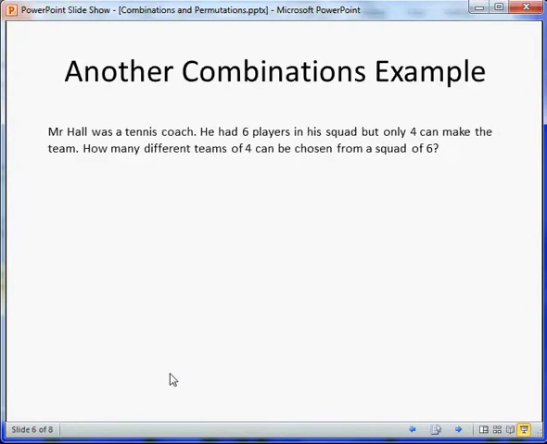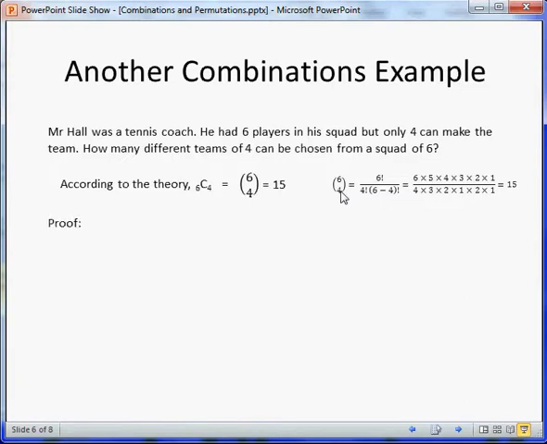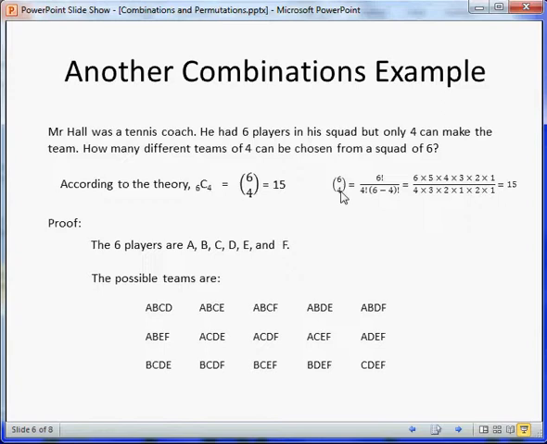Here's a couple other combinations examples. Mr. Hall was tennis coach. He had 6 players in his squad, but only 4 can make the team. How many different teams of 4 can be chosen from a squad of 6? Well, 6 combination 4, or 6 C 4, you'll see the different notations. And on your calculator, it'll probably say nCr, which is what we've got there. So there's 15. But let me just prove that to you with some letters. A, B, C, D, E, F. There's your possible teams.